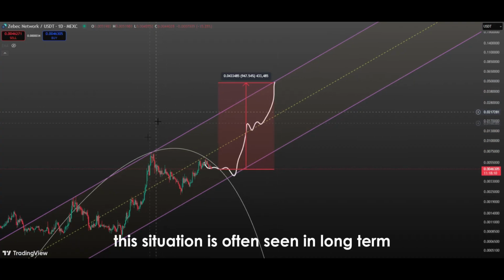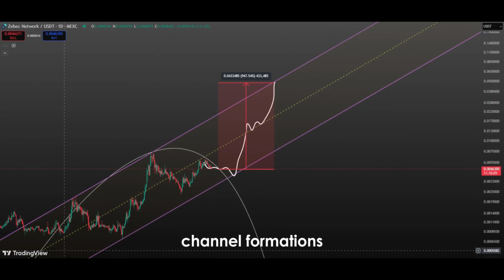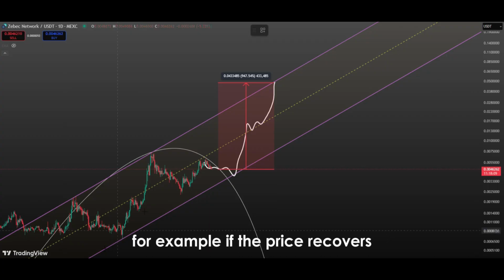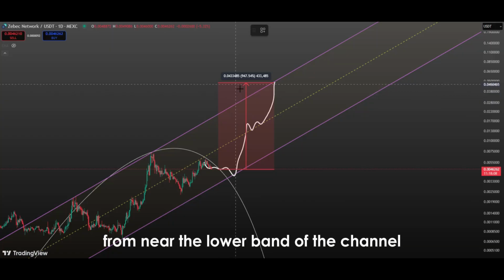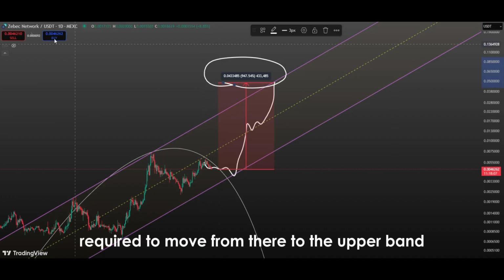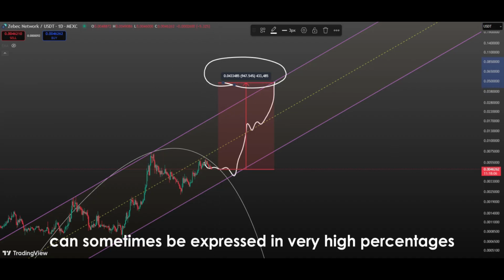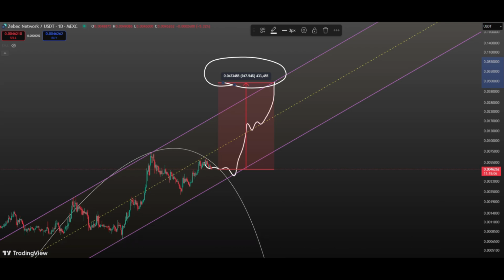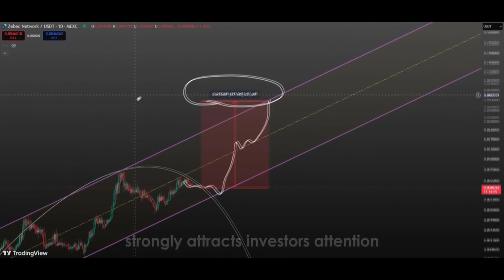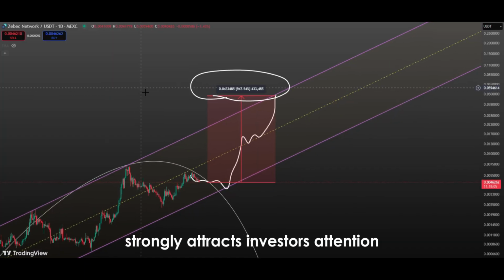This situation is often seen in long-term channel formations and when buying from deep low levels. For example, if the price recovers from near the lower band of the channel and reaches the midline, the price increase required to move from there to the upper band can sometimes be expressed in very high percentages. That is why such a 950% potential increase strongly attracts investors' attention.